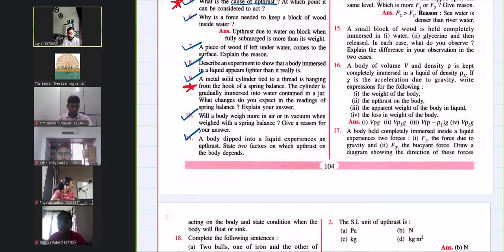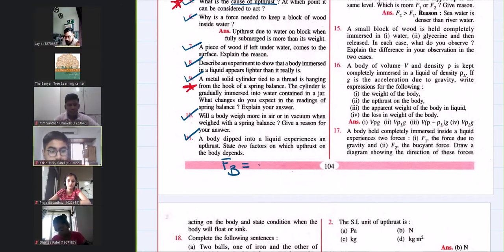State two factors on which upthrust on the body depends. See, for this you should remember the formula of upthrust. Anybody remembers the formula of upthrust? Yes, tell me.